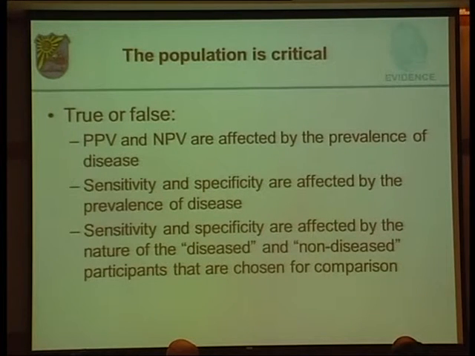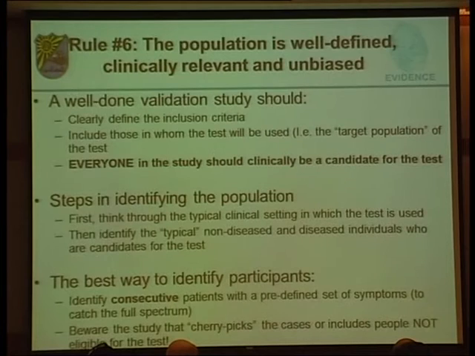Okay? And I'm going to explain this a little bit. But technically, prevalence does not have an effect on sensitivity and specificity. But the nature of the people in the study can have a huge effect on the sensitivity and specificity.